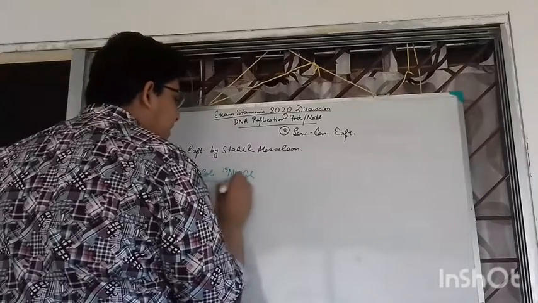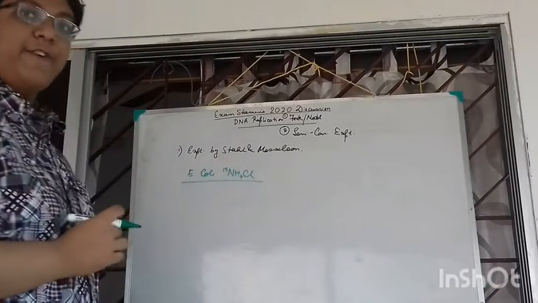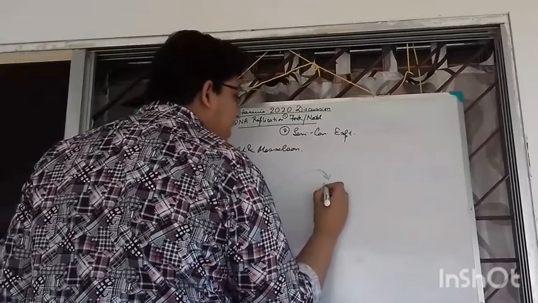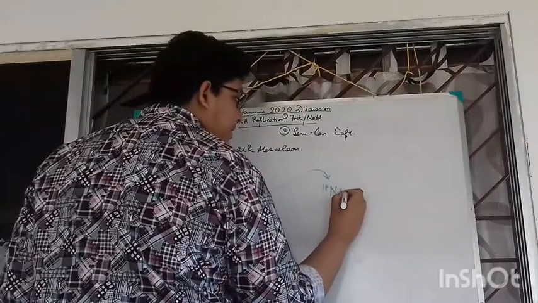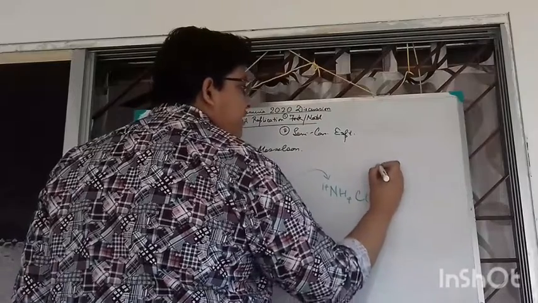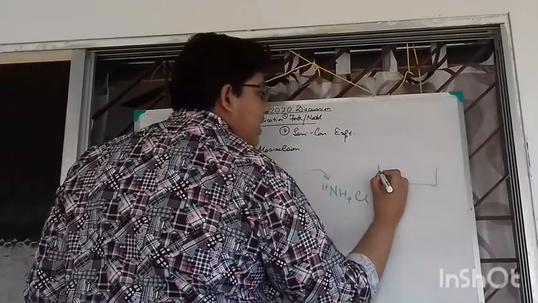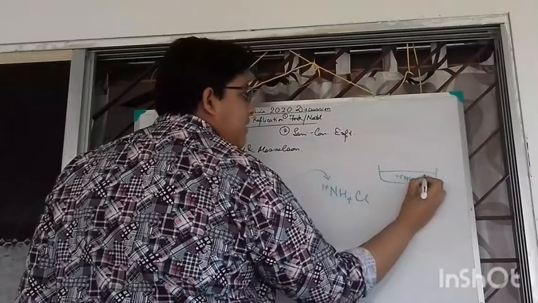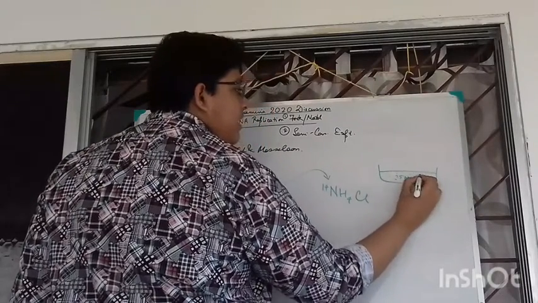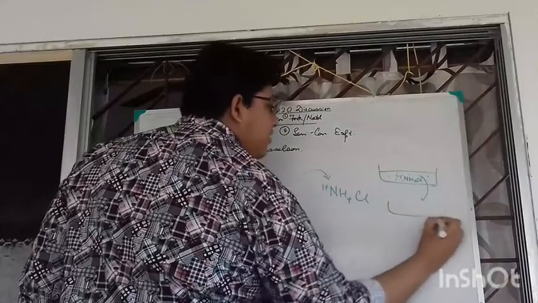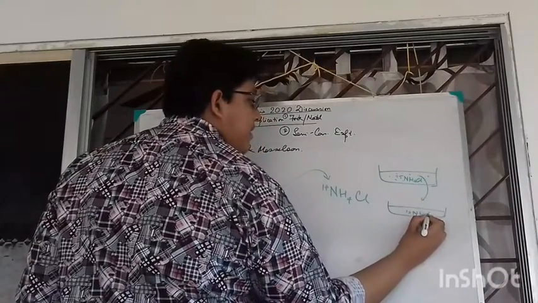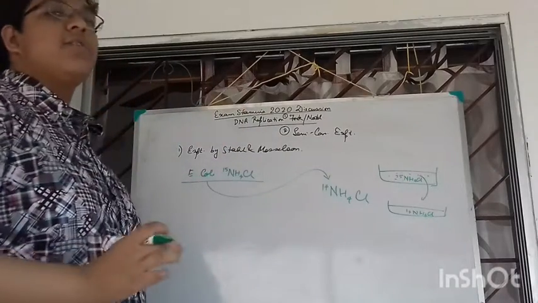Next, they transferred this E. coli from 15NH4Cl to a medium of 14NH4Cl. They took initially a 15NH4Cl medium, grew this E. coli, and transferred it to a 14NH4Cl medium.